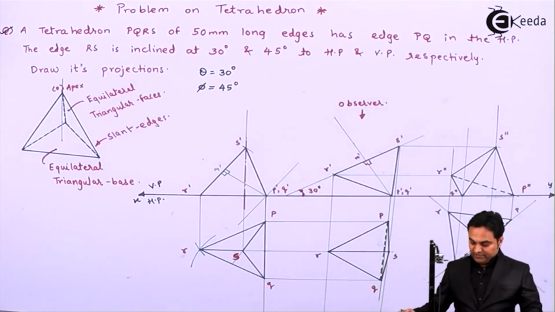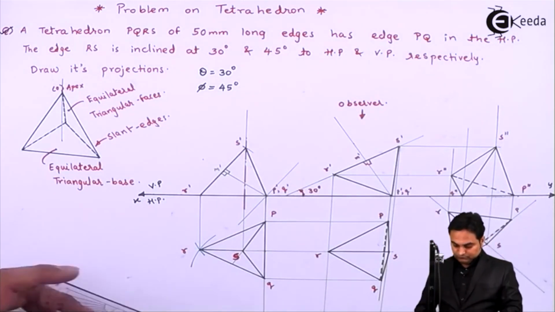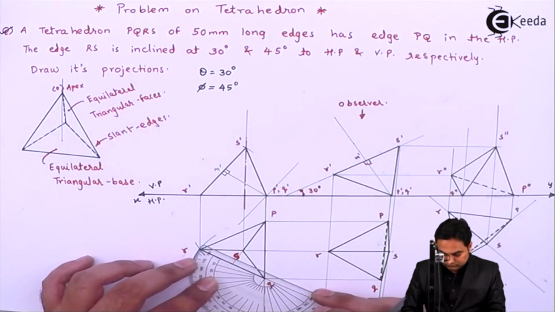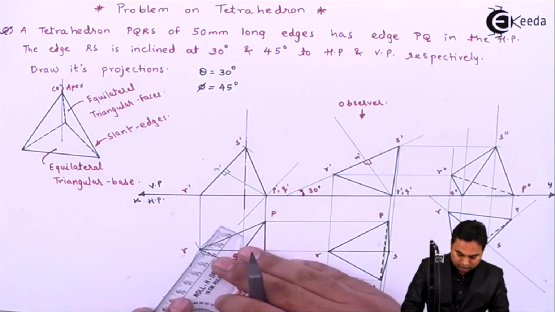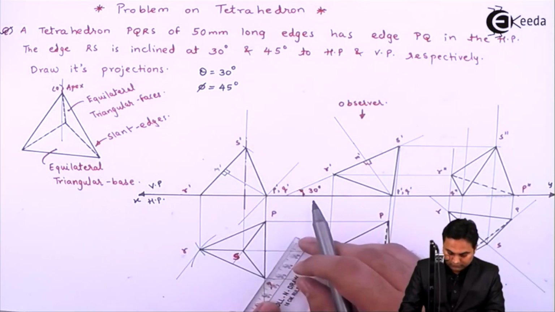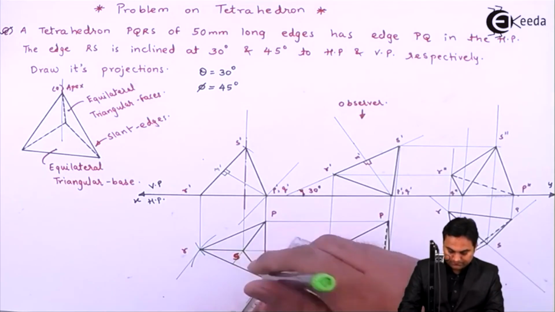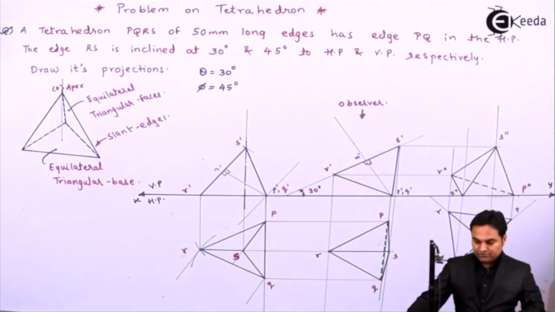And finally giving it the dimensions. Drawing parallel line through it. Then giving the dimensions to this side.